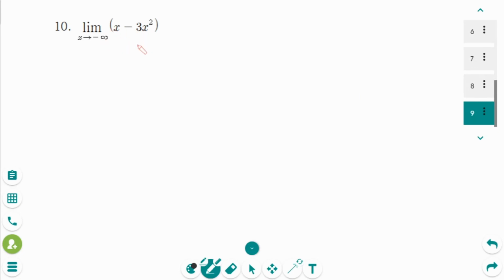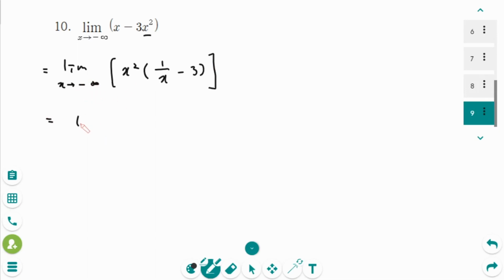The last question is this one. Like question 9, this shows an infinity minus infinity form. Let's take out the highest power of x, which is x squared. Like this. So x squared, 1 over x minus 3.